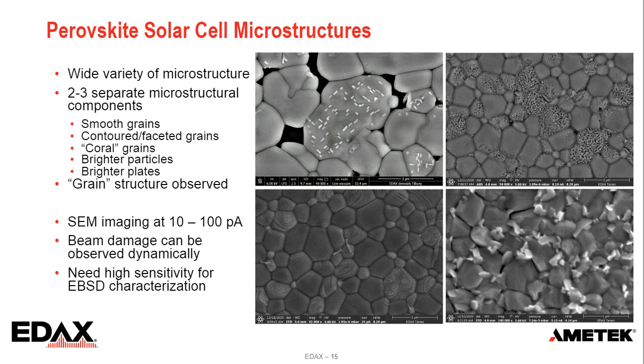So these films can be extremely sensitive to beam damage during characterization, and you can actually observe this. The best results are seen at very low beam currents, 10 to 100 picoamps, to be able to characterize these materials. So to be able to characterize these, we need very high sensitivity for our EBSD detector.